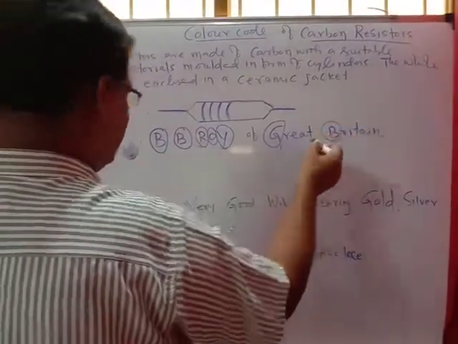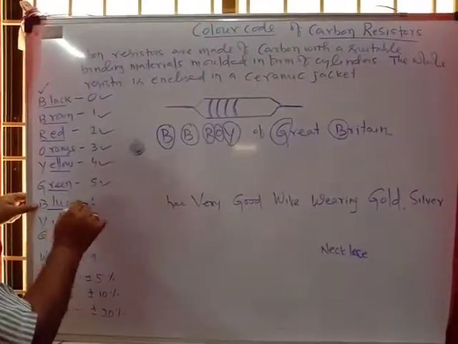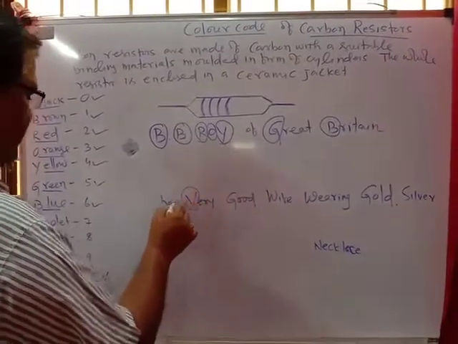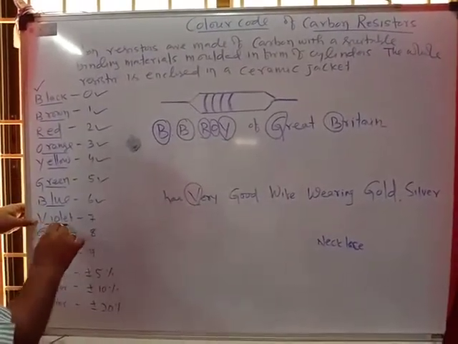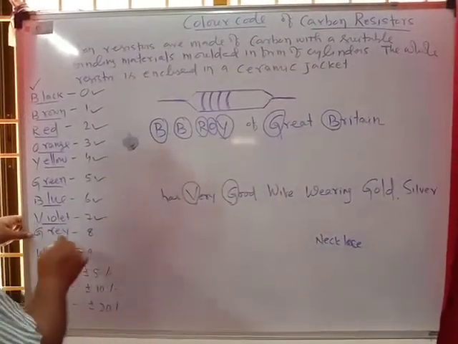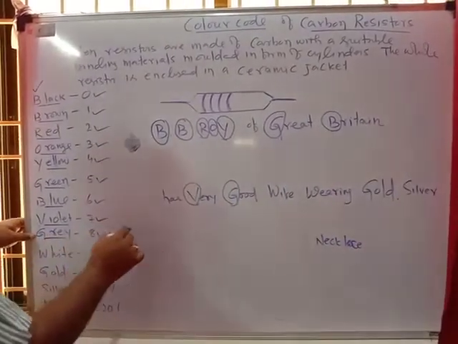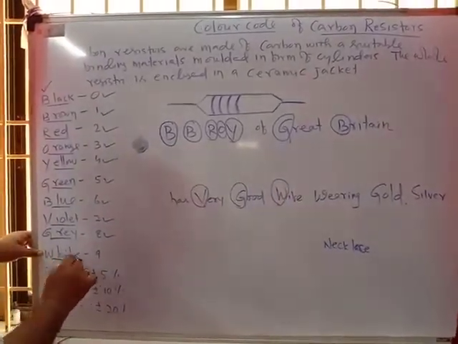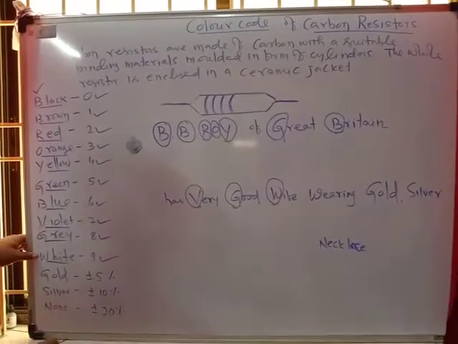Britain, B, the color is blue, the code is 6. Very, V means violet, the code is 7. Good, gray, the code is 8. And W is white, the code is 9.